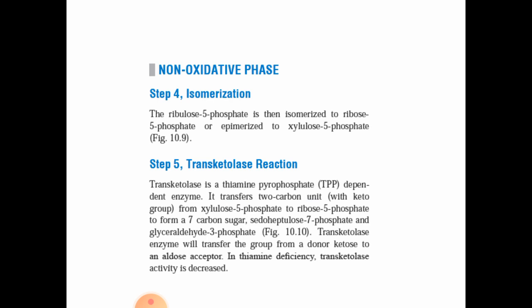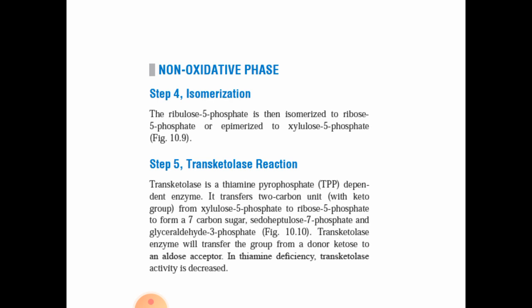Next would be the non-oxidative phase. The first step is isomerization: ribulose 5-phosphate is isomerized to ribose 5-phosphate or epimerized to xylulose 5-phosphate. Then the next step is the transketolase reaction. Transketolase is a thiamine dependent, TPP dependent enzyme.